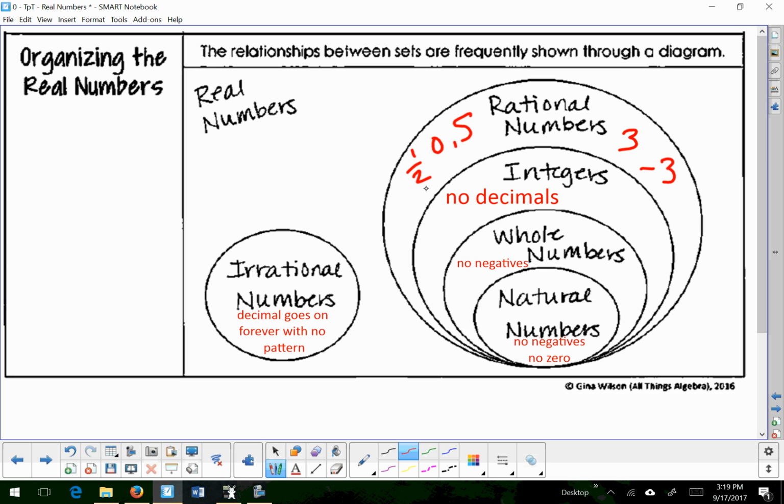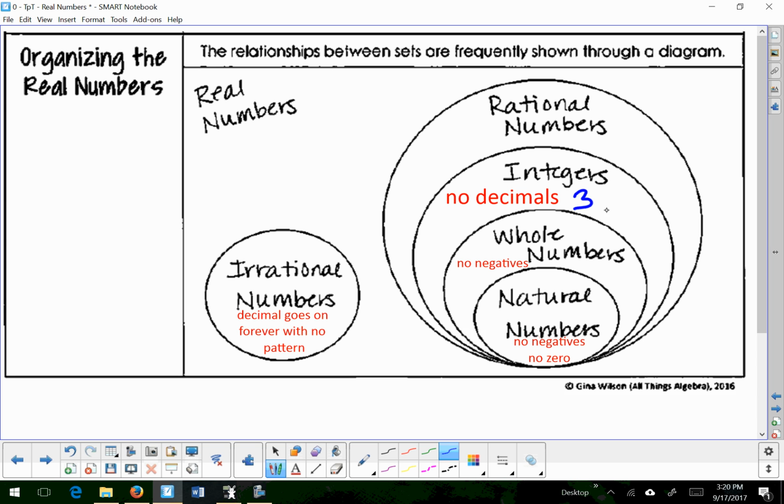So if I have 1/2, which is equivalent to 0.5, that is a decimal other than 0.0. So these two numbers here would not be invited to the integer party because they're decimal equivalents of 0.5. But 3, which is 3.0, and -3, which is -3.0, they're allowed to be a part of this group because they have no decimals other than 0.0.